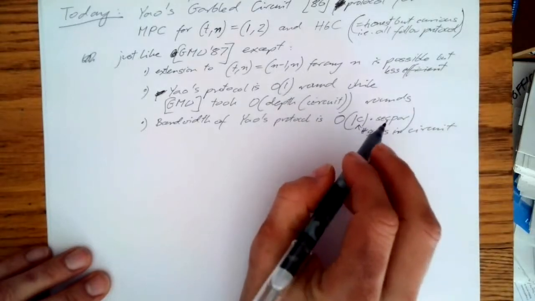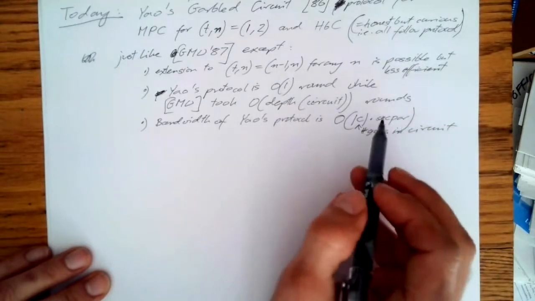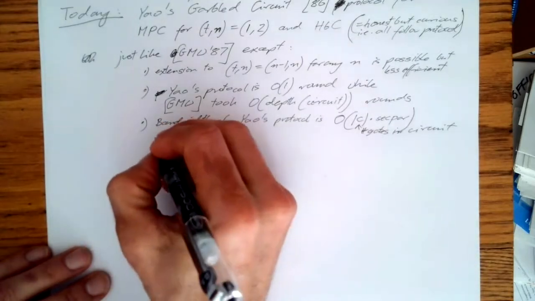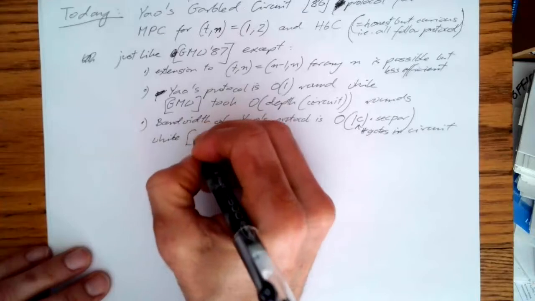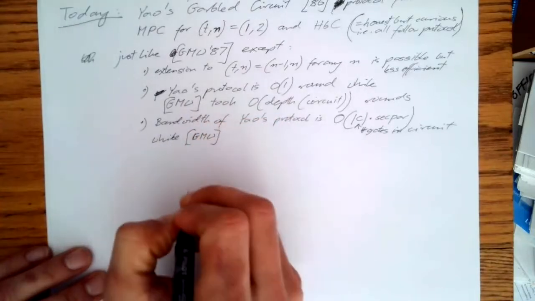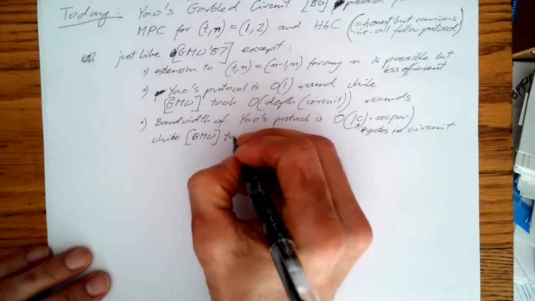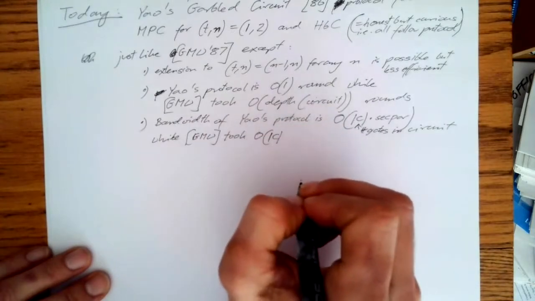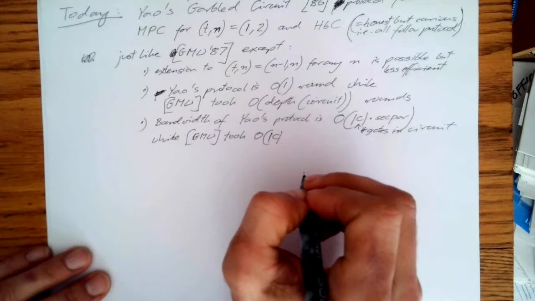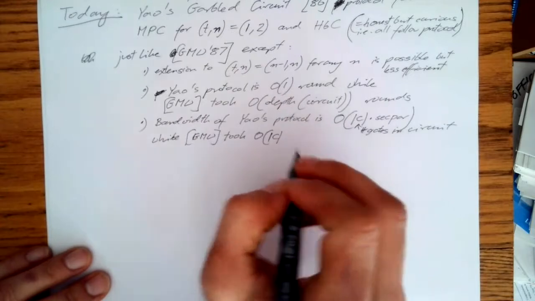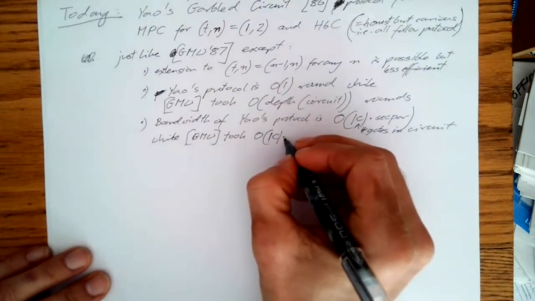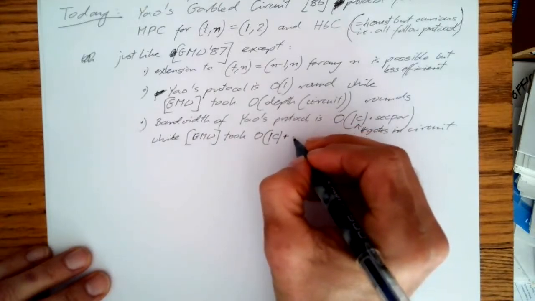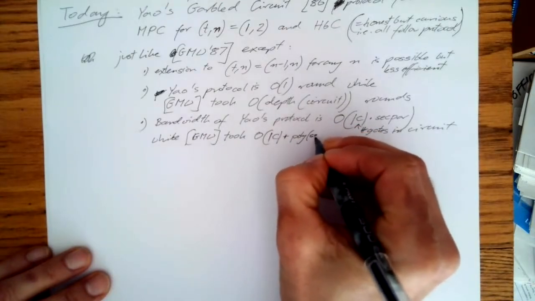For every gate, we need to send basically cryptographic keys, whereas in GMW, the bandwidth was just the size of the circuit, plus a poly of the security parameter.